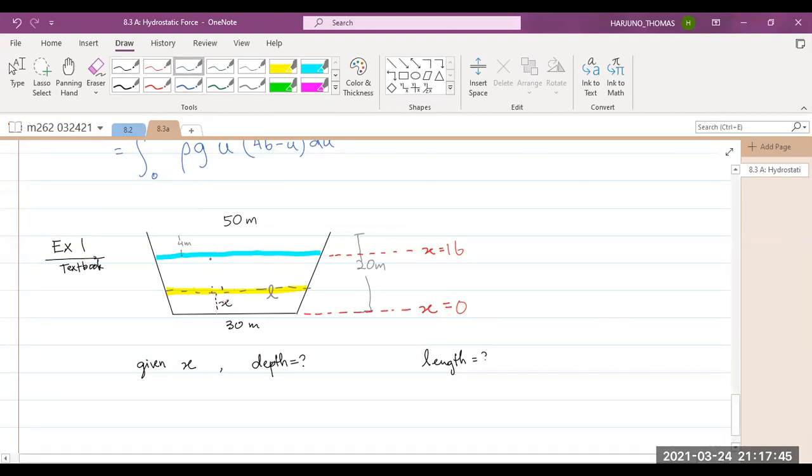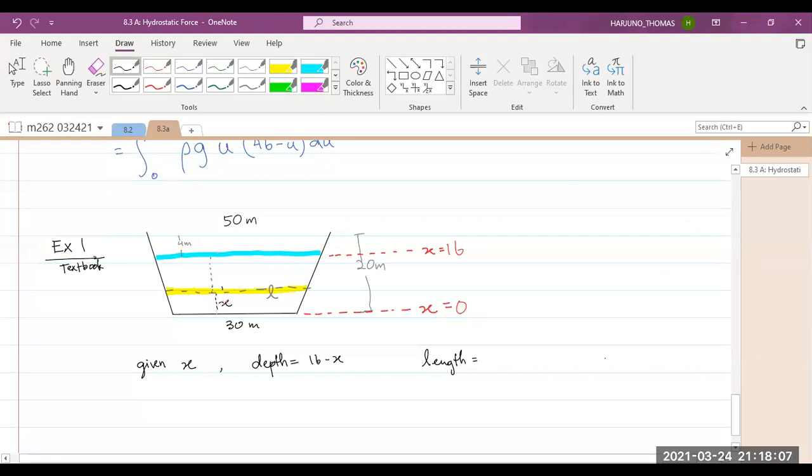Now then, if this is x here, how deep will the depth be? The total has to be 16, right? So the depth will be 16 minus x. Is it right? Now, how about the length?